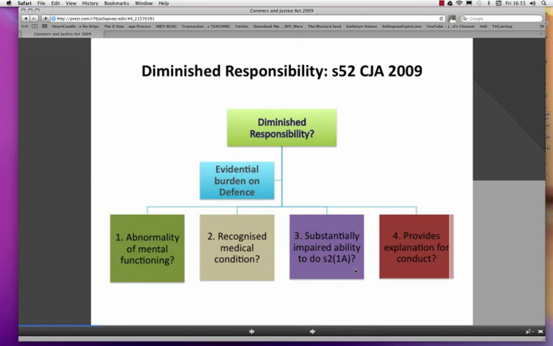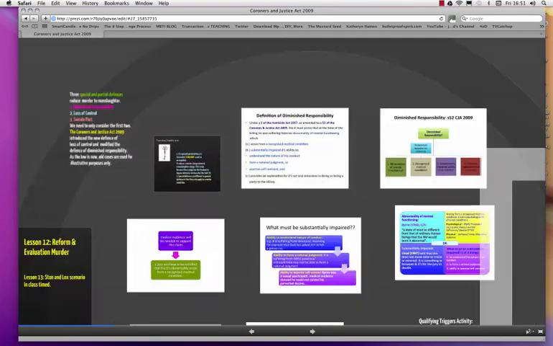They were to firstly understand the nature of the defendant's conduct, secondly to form a rational judgment, and thirdly to exercise self-control. And then that final element is that it provides an explanation for the conduct, and that last point is to do with causation. And we are going to look at each of these one by one.